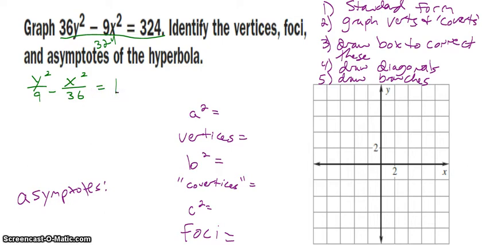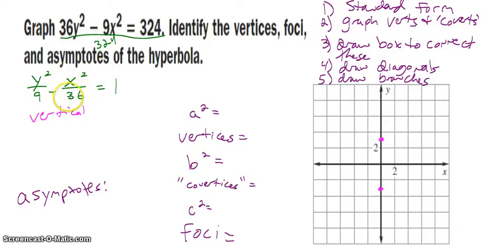Now I'm going to graph my vertices and then my co-vertices, which actually aren't going to have any points going through them for the actual graph. So I see I have a y squared, so I'm going to be vertical. Now I'm going to graph my sort of co-vertices, and really they're not going to be points actually on my graph, but they're just going to help guide this box that helps me draw my hyperbola.